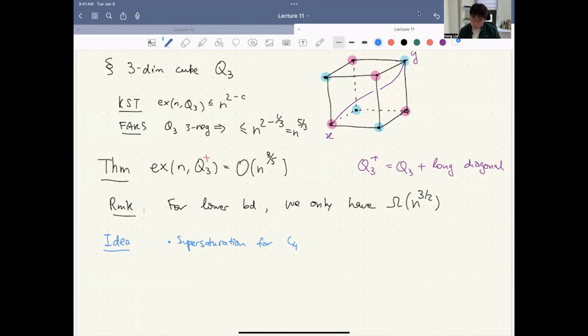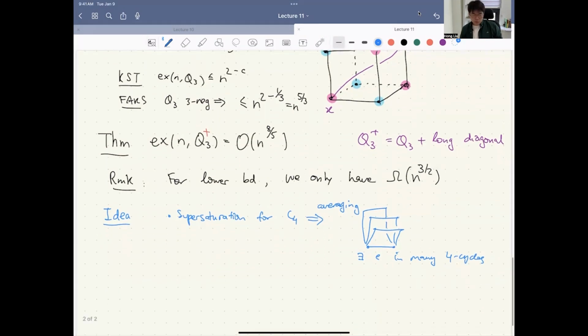Then by averaging, just by pigeonhole, since there are a lot of four cycles, there must exist an edge E that sits in many four cycles. No problem. And why is this helpful? Then what we're going to do is we look at this E, let's call it the XY edge.